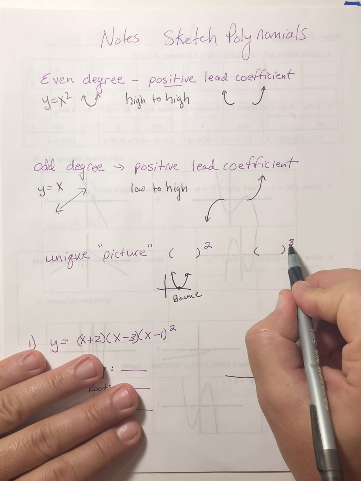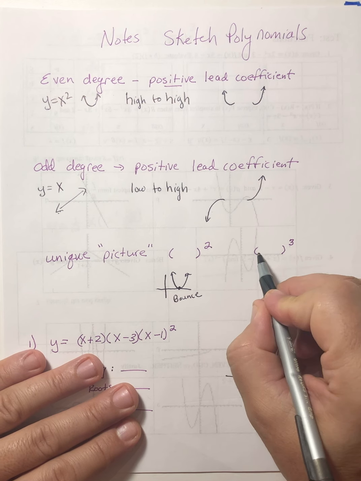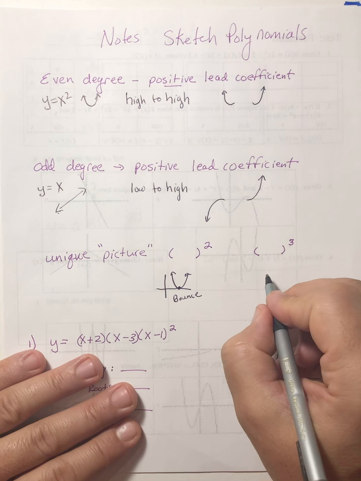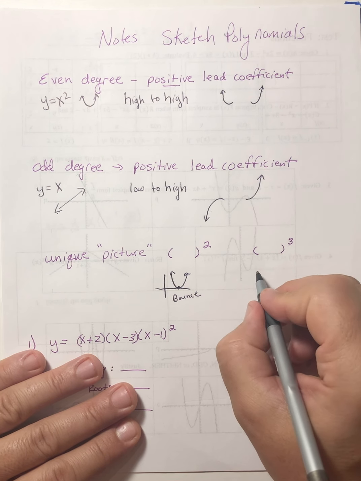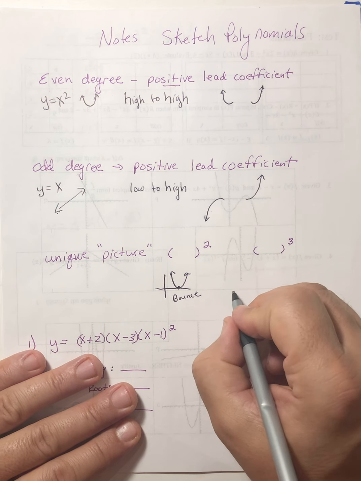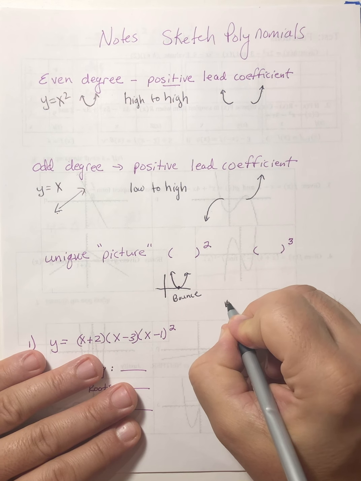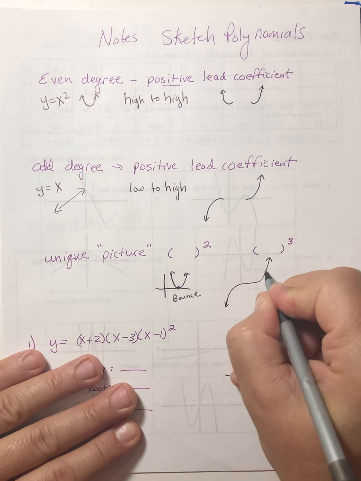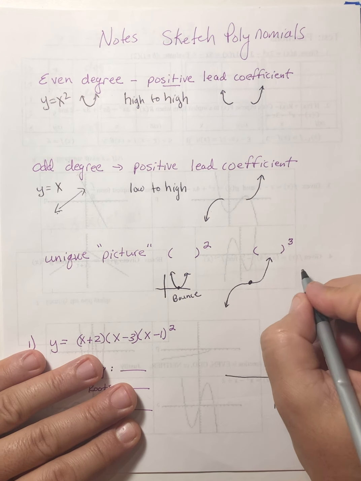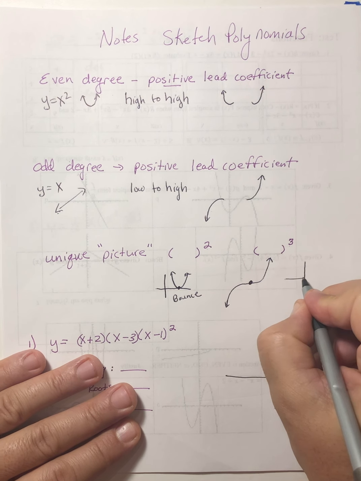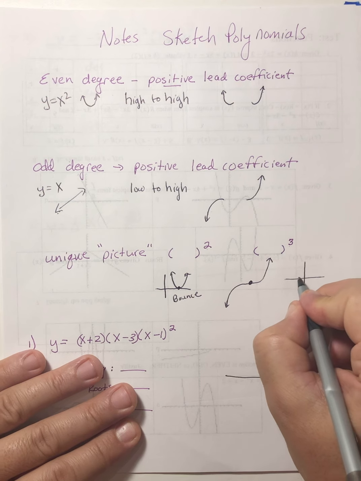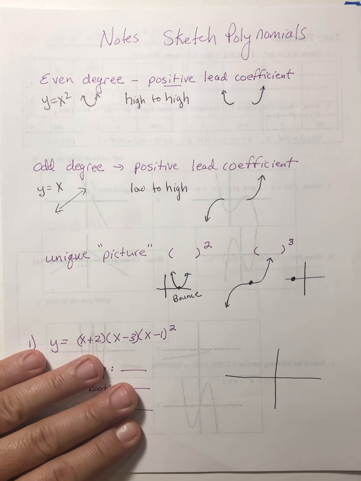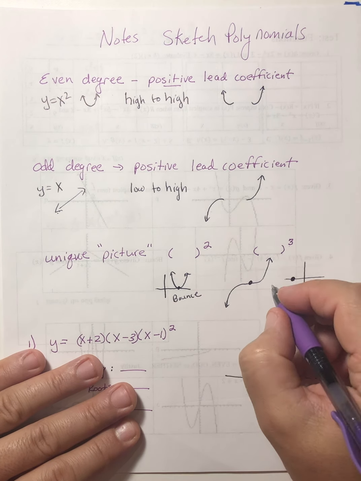If it says cube, so a factor that's being cubed, I call it a drag through. So it looks like this. Comes up, drags through, and then finishes on. So that's where your root would be. So if you are looking at it on an axis, and let's say the point that we're going to drag through is right there, it would look like this.